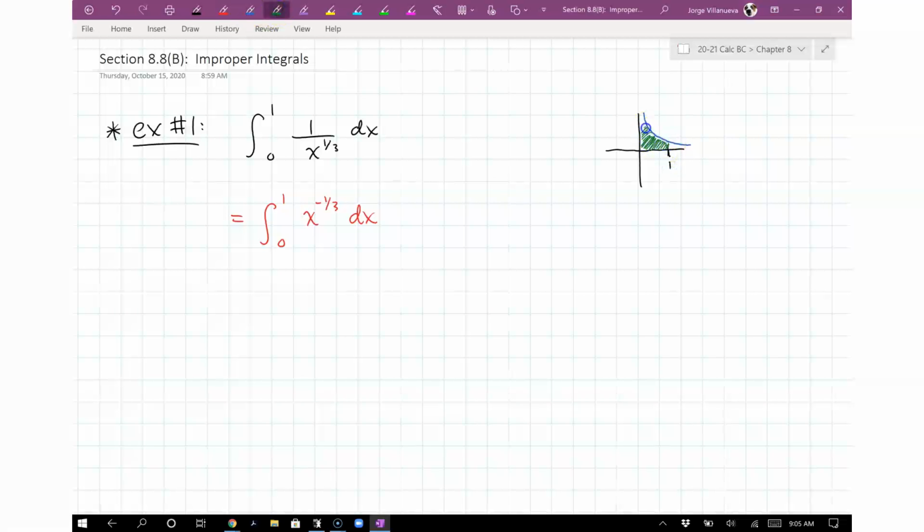But the problem is that going towards the left never ends, because the graph gets infinitely close to the y-axis but never touches it. We can seal it at 1 by putting a line right there, but the green part going to the left never closes up. So that means that the area is infinite, right?